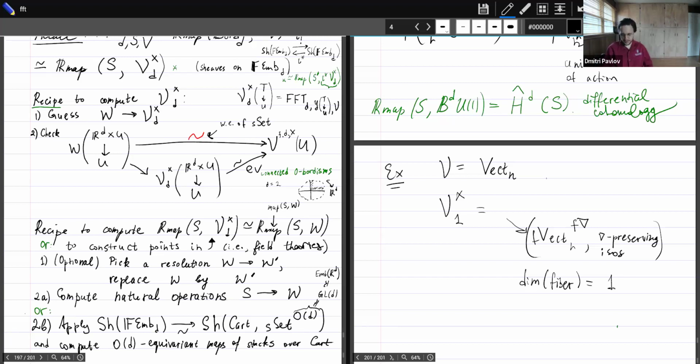So, I mean, cyclically, this groupoid, because the dimension of the fiber is 1, is equivalent to the groupoid of, I guess you can call it, trivial vector bundles, where trivial means not just on objects, but also on morphisms.